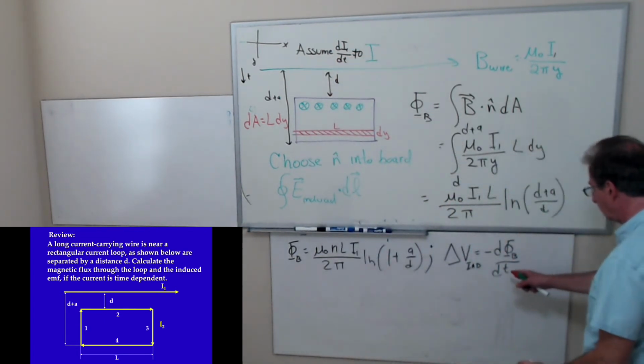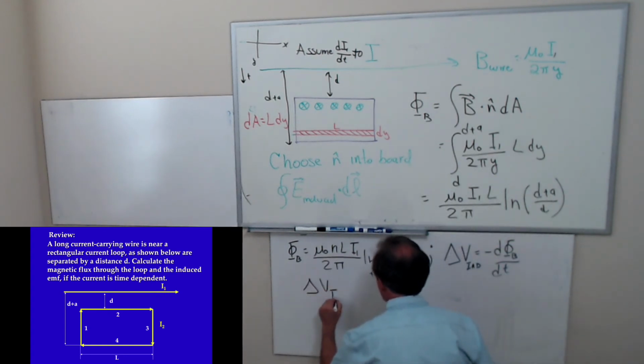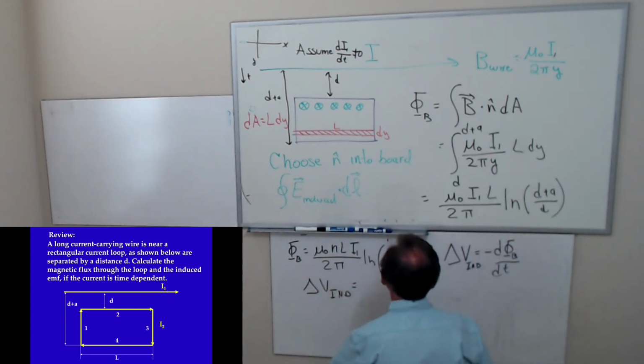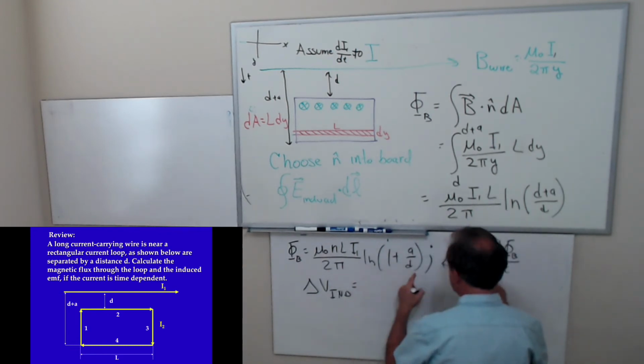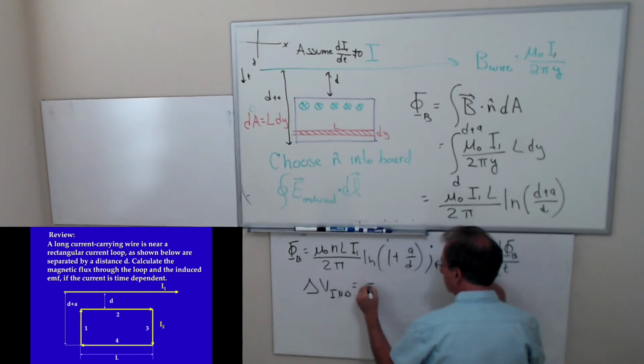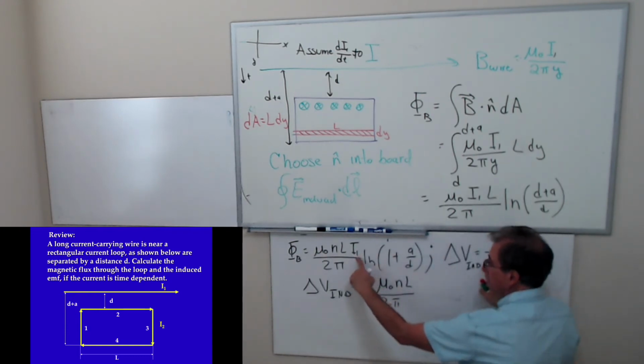Then if I want to find delta V induced, then this is going to be, if I take the derivative of this with respect to time, the only thing that depends on time here is the current.